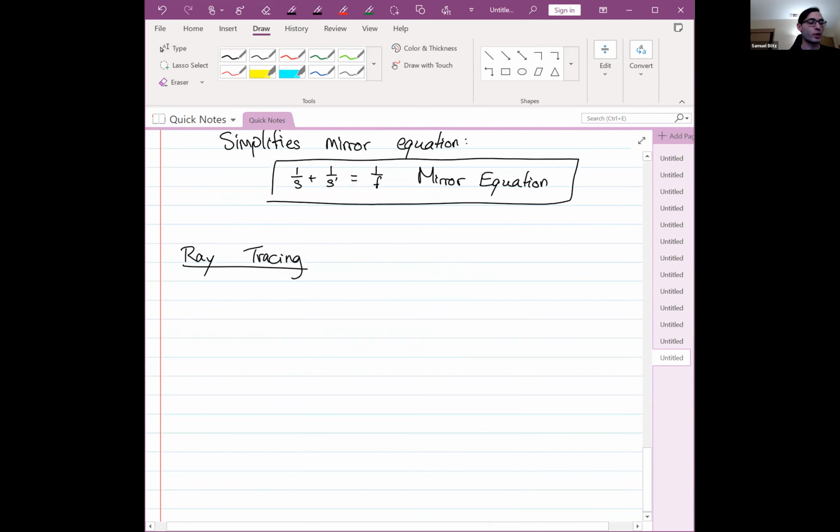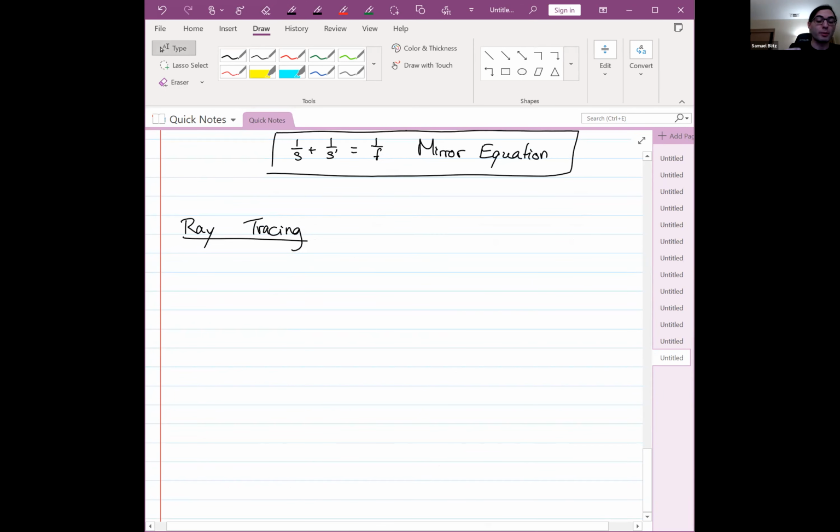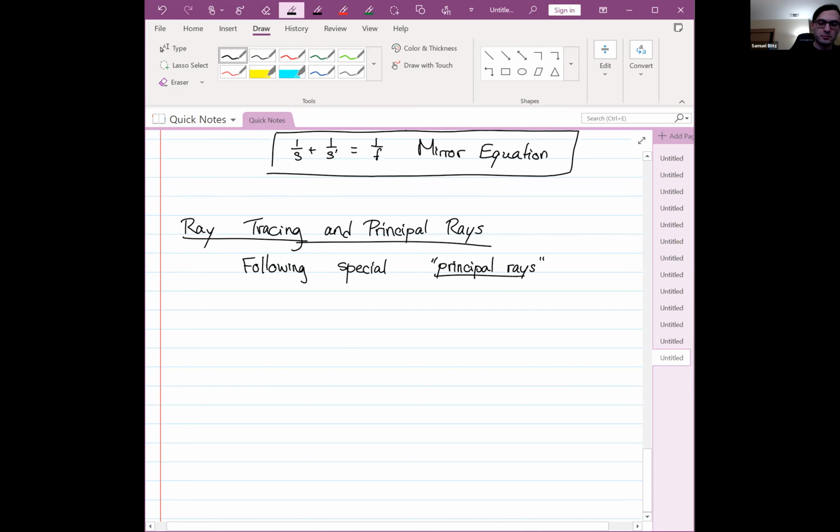But there's a particular kind of ray tracing that is super powerful. This is the notion of principal rays. With principal rays, we can do ray tracing by hand for sufficiently simple optical systems. Ray tracing with principal rays involves following special principal rays. So instead of shooting out rays in all directions, we shoot out rays in particular directions from an object until they become outgoing rays.